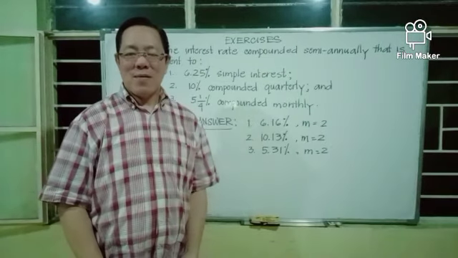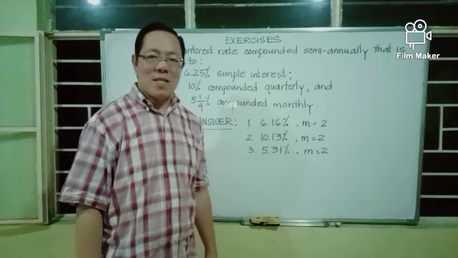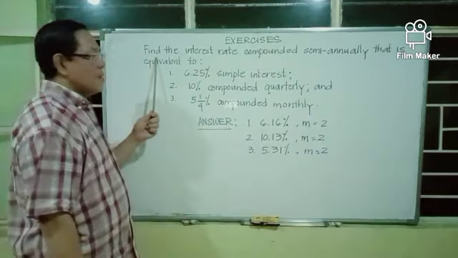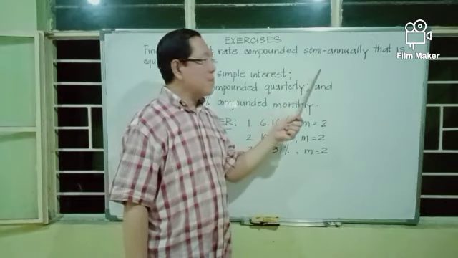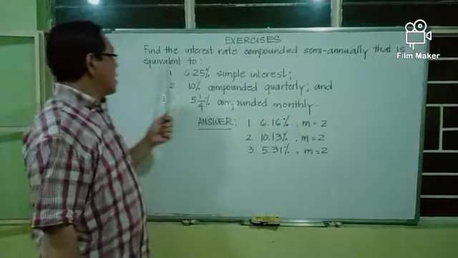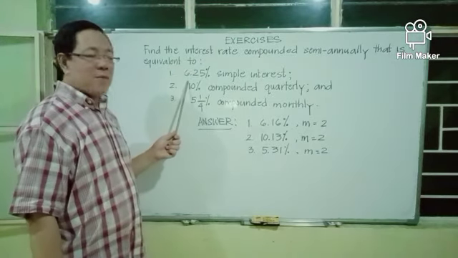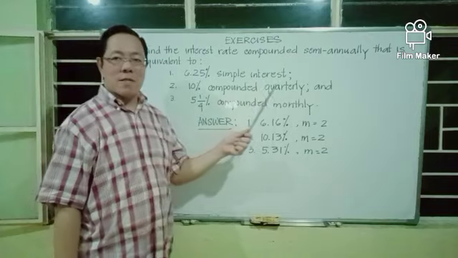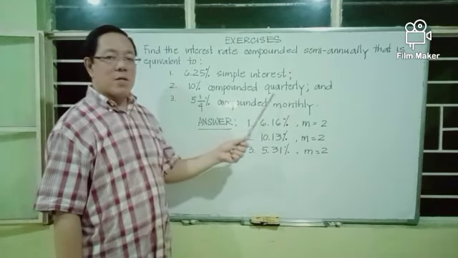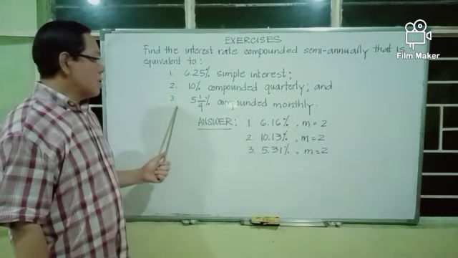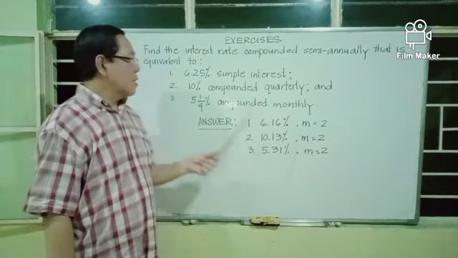For your practice and assignment, please do the following exercises. Find the interest rate compounded semi-annually that is equivalent to number 1, 6.25% simple interest, 2, 10% compounded quarterly, and 3, 5 1/4% compounded monthly.